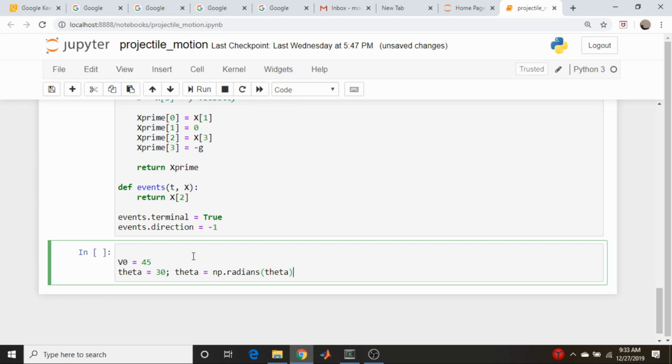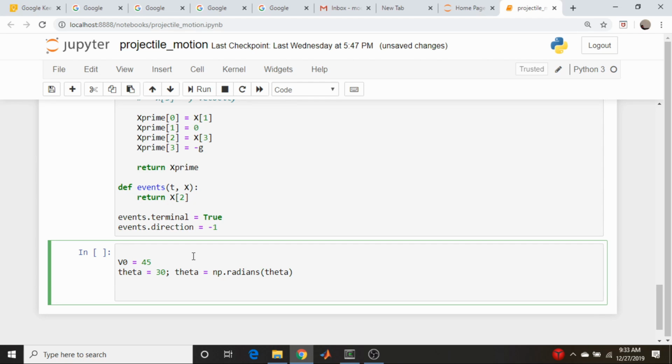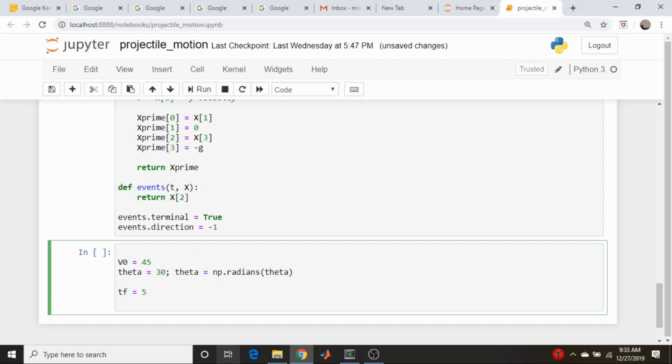Okay, now we need to set a time. Let's call it TF for T final, and we're going to set that equal to 5 seconds. I actually don't know how long it'll take before it hits the ground. So let's create our t-span variable. T-span is equal to 0 to TF.